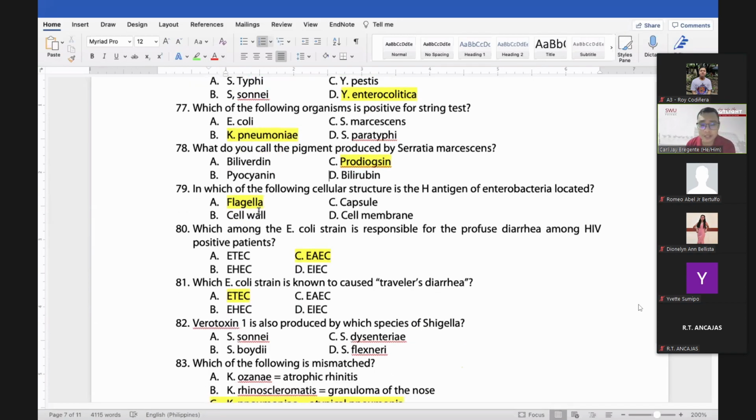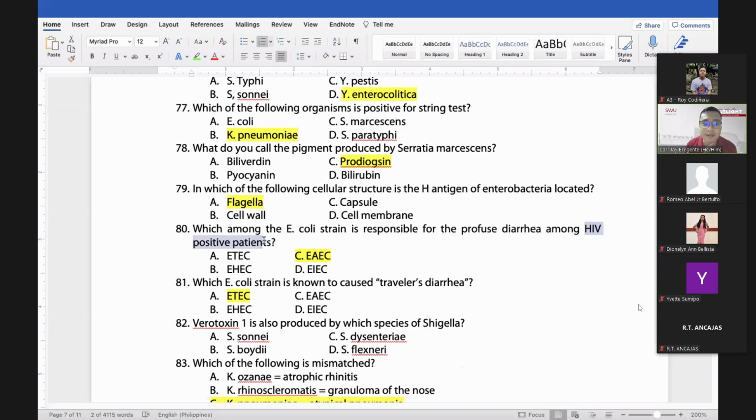Number 79, which of the following cellular structures is the H antigen? Remember your basics. H antigen, that is your flagella. Capsule antigen is your K antigen. O antigen is in the outer membrane, not the cell wall. Number 80, which E. coli strain is responsible for the profuse diarrhea among HIV patients?